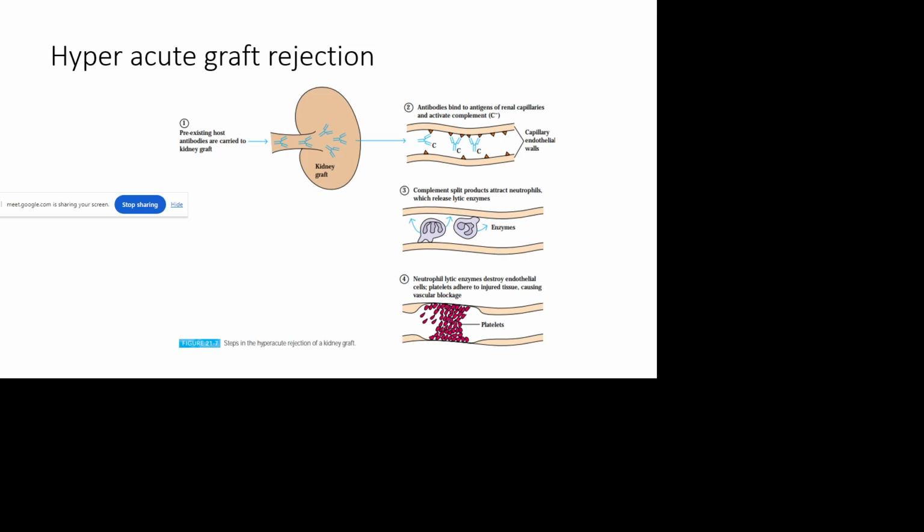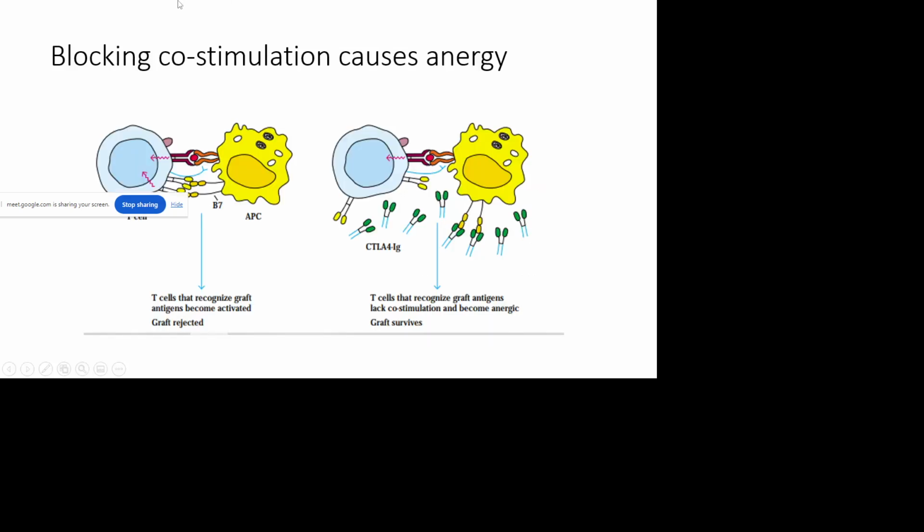So how to treat graft rejection? The treatment of graft rejection is that you can block the co-stimulator to induce anergy of the T cell. How? If you remember the T cell and APC interaction, which will activate both the T cell and APC.